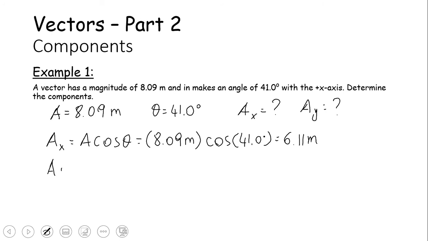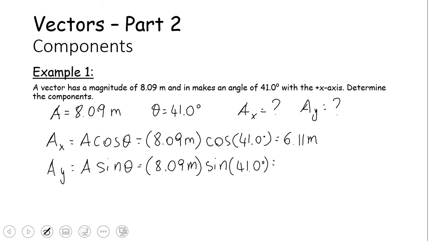Likewise, for the y component, we have A sine of theta, which is 8.09 meters, times the sine of 41 degrees, which again, when you do your calculation, gives you 5.31 meters.